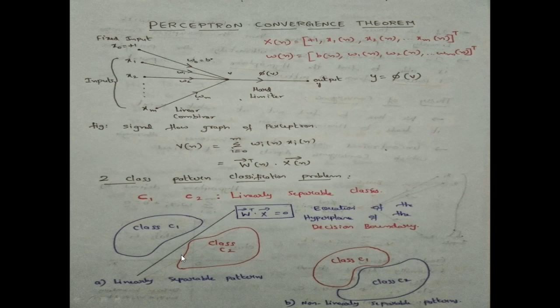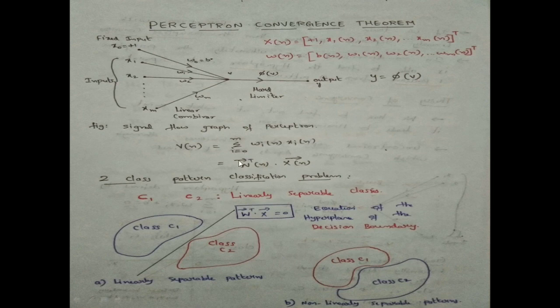Here we have simply represented this with a straight line, but this will actually be a hyperplane. This is the decision boundary. The decision boundary should lie at the value v equal to 0. So what is the value of v here? It is w transpose of n into x of n.